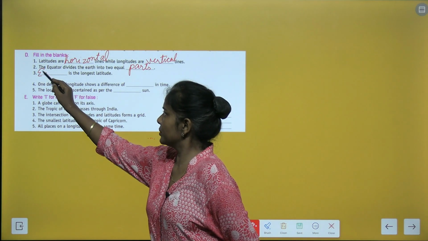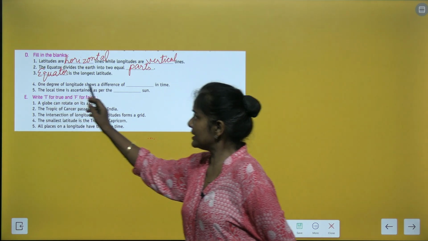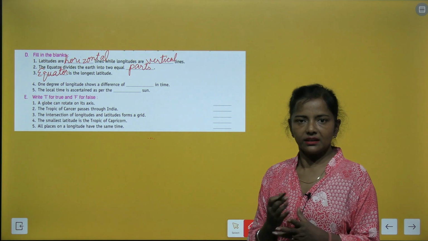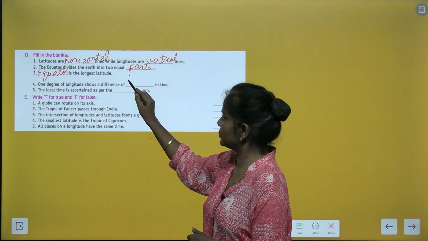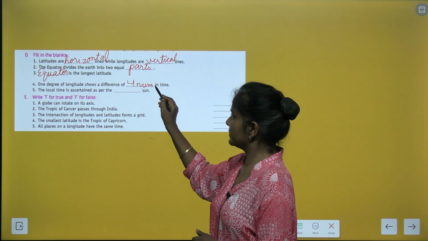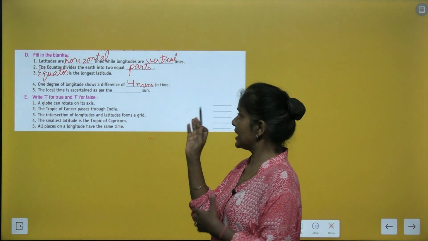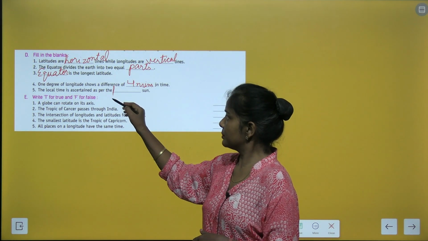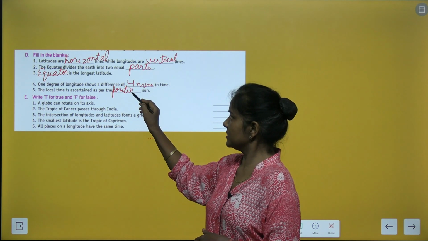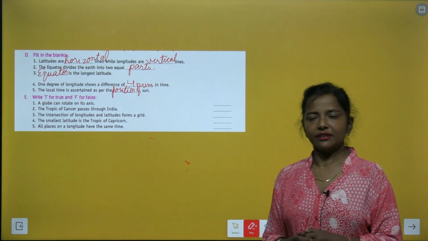Equator is the longest latitude. 1 degree of longitude shows a difference of dash in time. 4 minutes of time. The local time is ascertained as per the dash sun, as per the position of the sun.